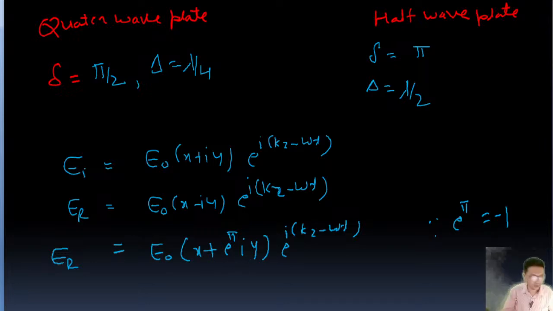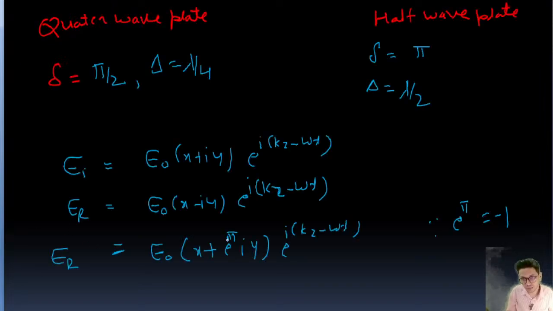So it means the phase difference is pi, e to the power i pi, right? E to the power i pi value is minus 1.